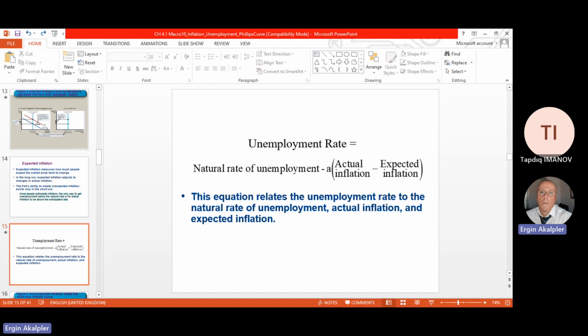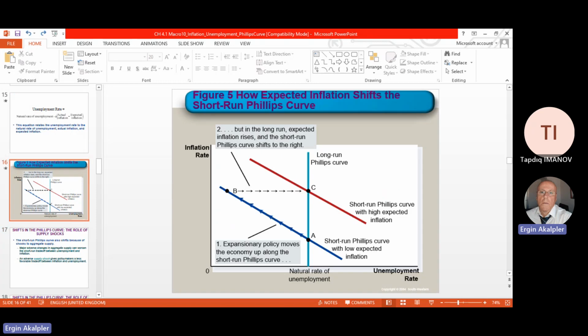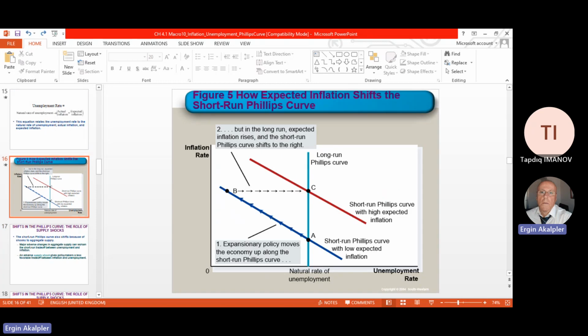When we ask what the natural rate of unemployment is, of course, we will introduce that in the following slide. The expected inflation shifted the short-term Phillips curve, as indicated here. An expansionary policy moves the economy up along the short-run Phillips curve, and as a result the short-run Phillips curve moves to an upward position, where the long-run expected inflation rises and the short-run Phillips curve shifts to the right.